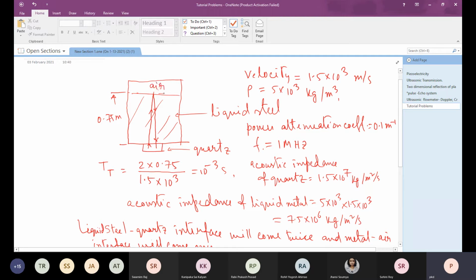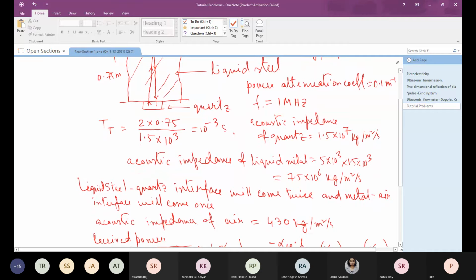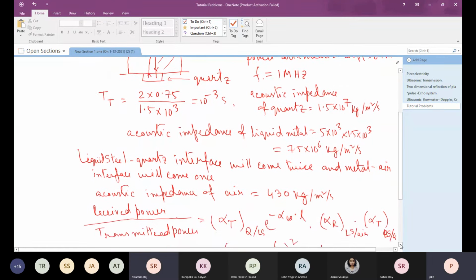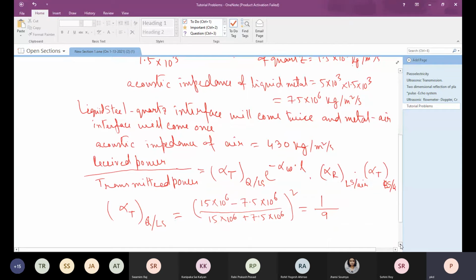This reflection is almost 1, because air is only 430, and liquid metal is 7.5 into 10 to the power 6. So that reflection coefficient will be almost 1.